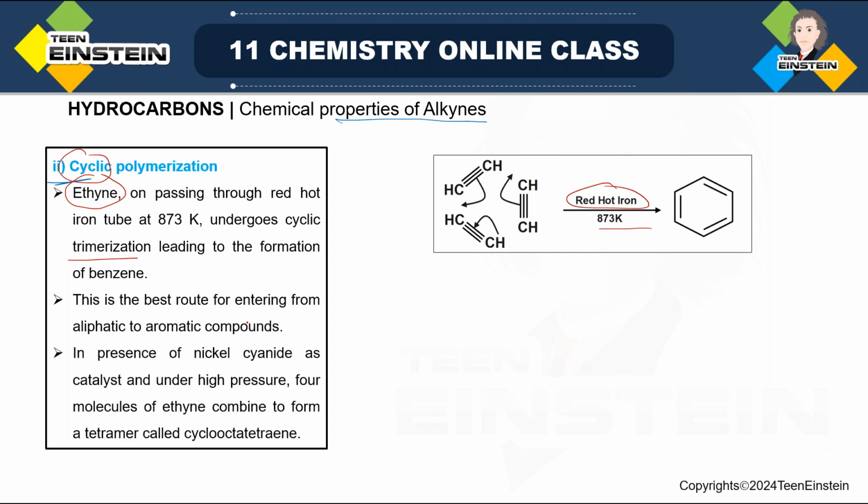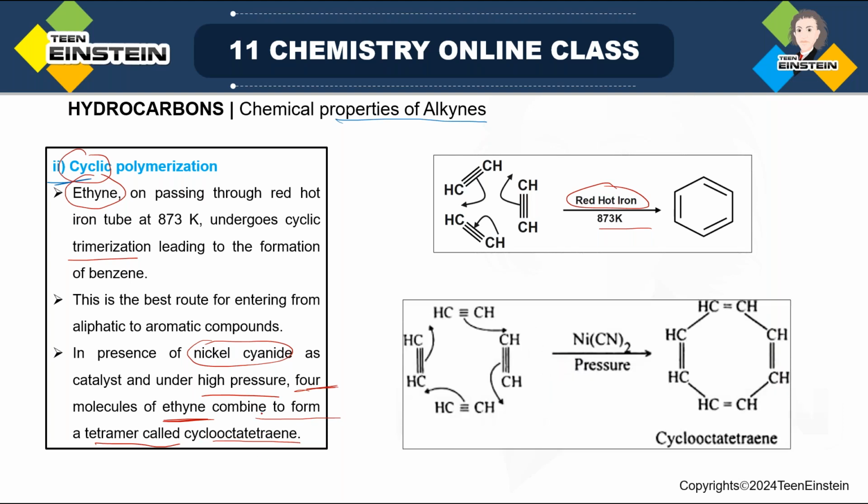In presence of nickel cyanide, Ni(CN)2, when we use this compound as catalyst, and there will be high pressure, then it is also possible that total 4 molecules of ethyne, in the previous one you have seen total 3 molecules, but total 4 molecules under high pressure, when we are using nickel cyanide as catalyst, combine to form tetramer, and that tetramer is cyclooctatetraene.